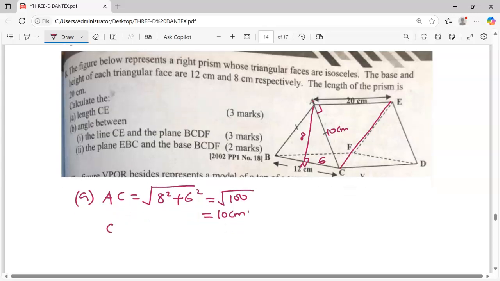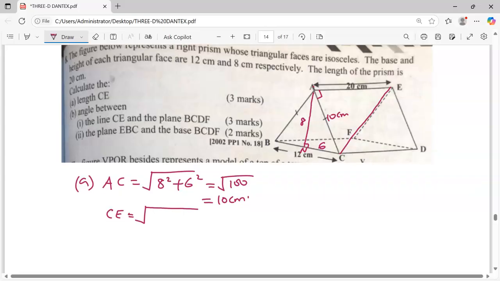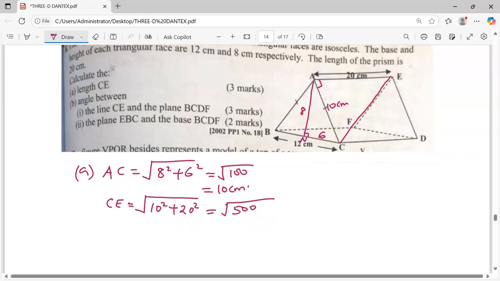To get CE, we have the square root of the height squared, which is 10, plus 20 squared, and this is going to give us a total of 500, since 10 squared is 100 and 20 squared is 400, and the square root of 500 is approximately 22.36 centimeters. That is correct to 4 significant figures or 2 decimal places.